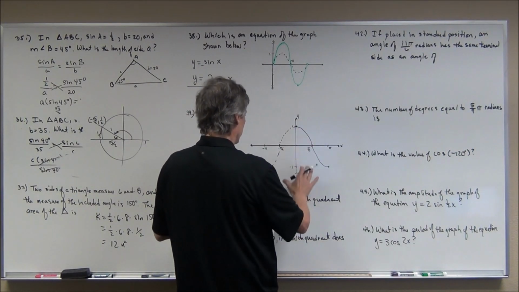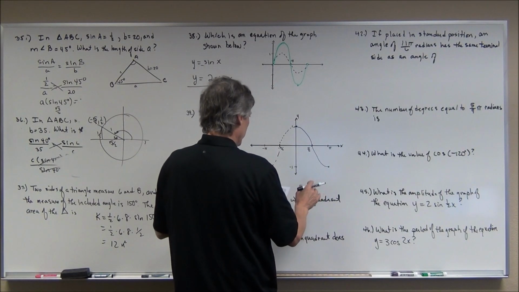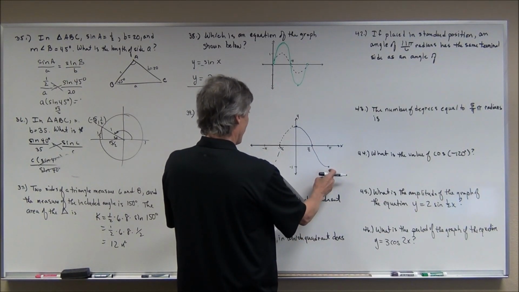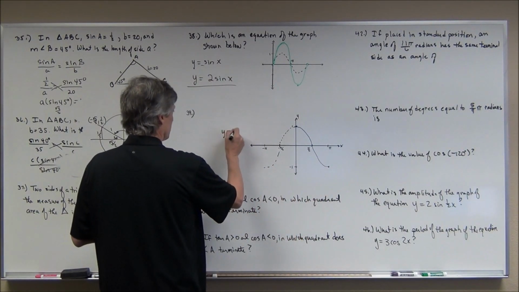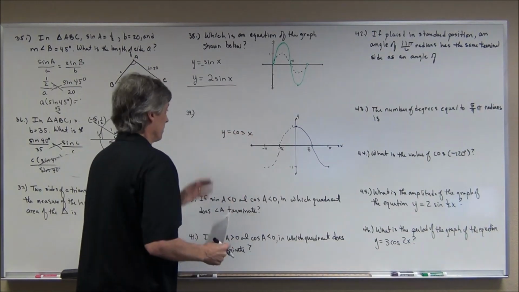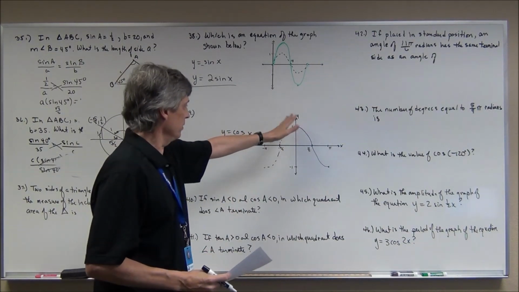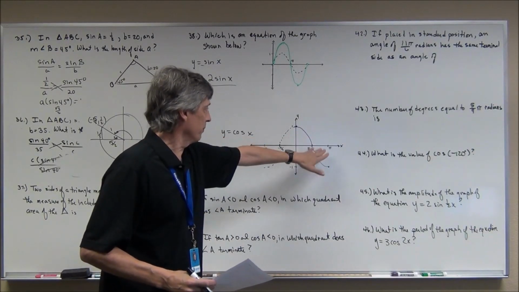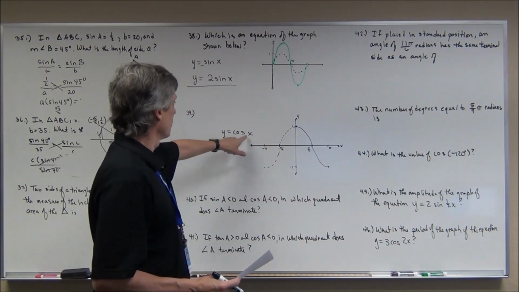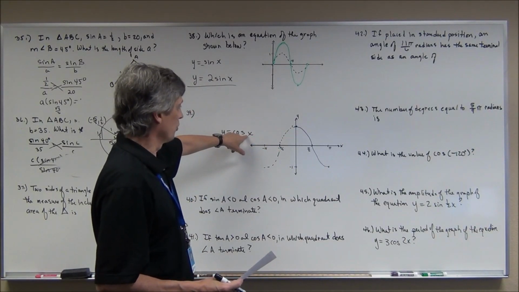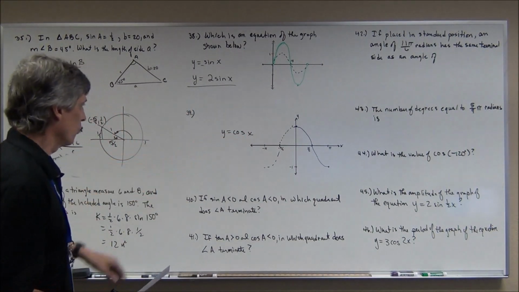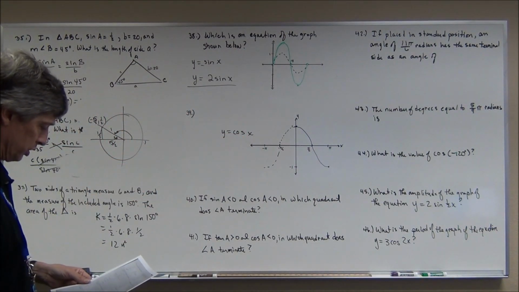It's not been shifted or translated in any way. And the period is still 2 pi, so this is just good old y equals the cosine of x, the parent function itself. So that one kind of tried to fake you out because they only gave you half the period, thinking that maybe you would multiply this by 2 or by half or something here. But that's just good old y equals cosine x, which is hopefully a choice.